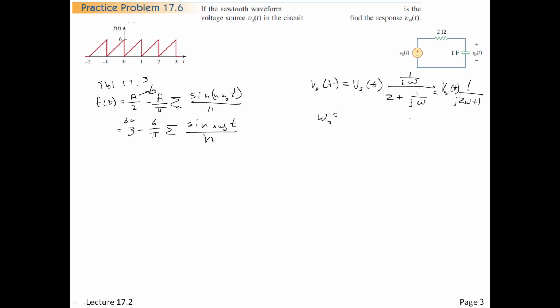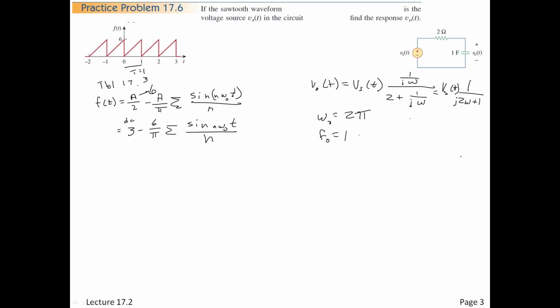What's the period here? Here's the period, right here, T equals 1. So that means the frequency is 1. If we've got the frequency f0 equal to 1, omega 0 is equal to 2 pi.